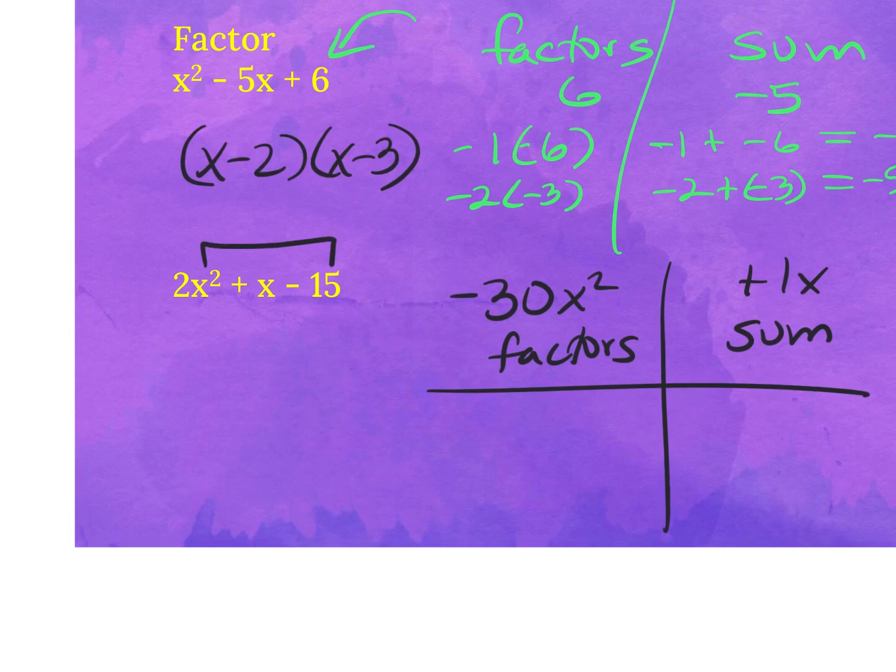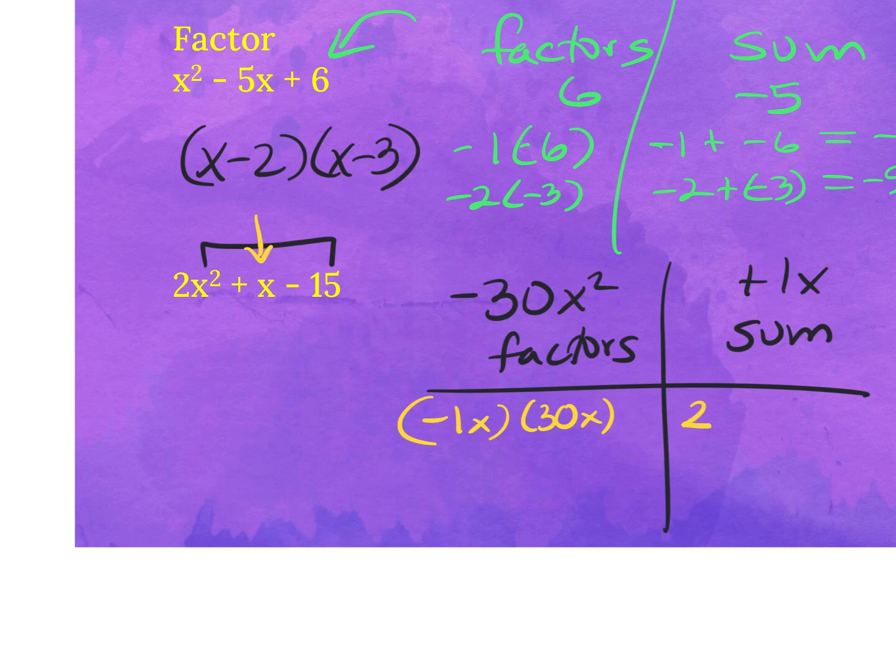In order to get a negative, I know my signs have to be opposite. So my factors here, one will be negative, one will be positive, and the bigger factor gets the sign of the middle, and my middle's positive. So my smaller factor here is the negative. So -1 times positive 30 will give me the -30x squared.